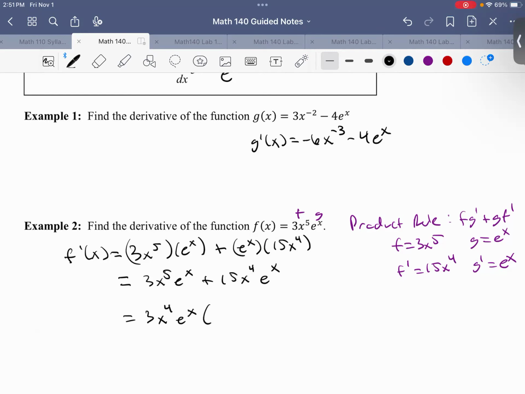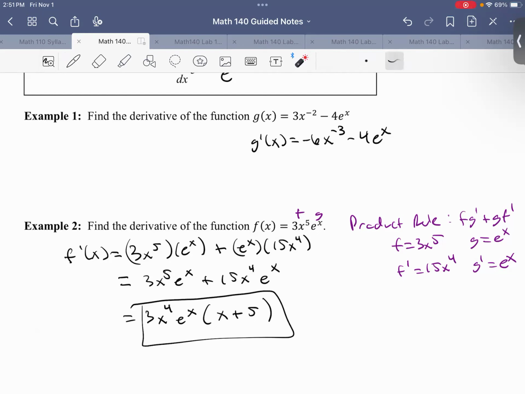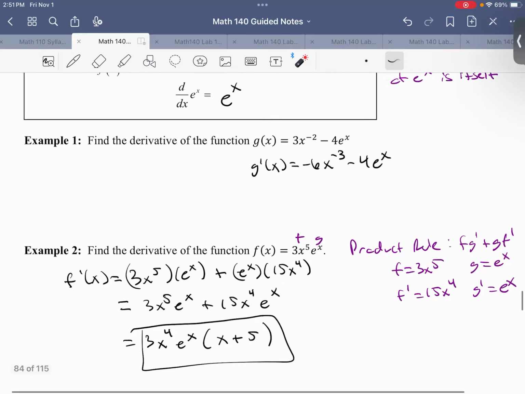What I would be left with is x plus 5. And that would be my derivative. The unfactored version is also correct, I just want to clean it up a little bit and factor common things out. Okay, so that's the derivative of e to the x.